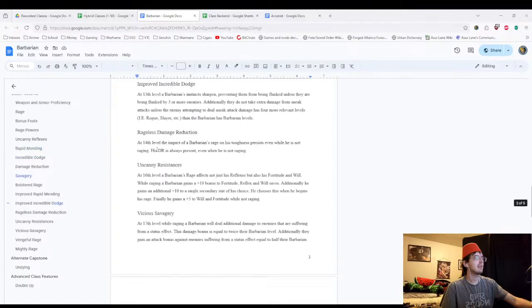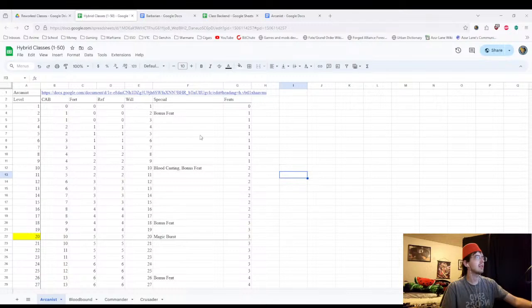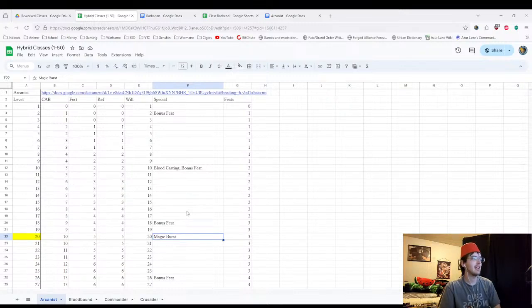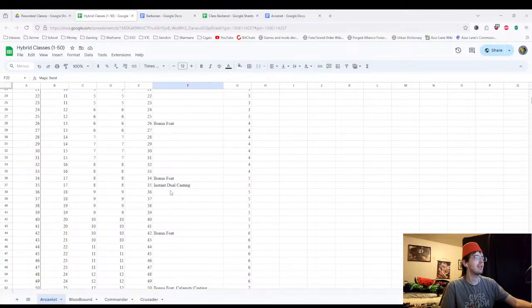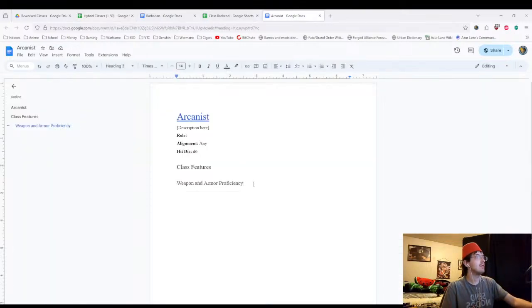Not until we get further down. Excellent. I already put the bonus feats in here, and I've already got their primary capstone. And some of the 2150 stuff, I've got names for stuff, but not actually what it does. We're not doing 2150 today. We're just doing the 1 to 20 as per the norm. And so we move in.